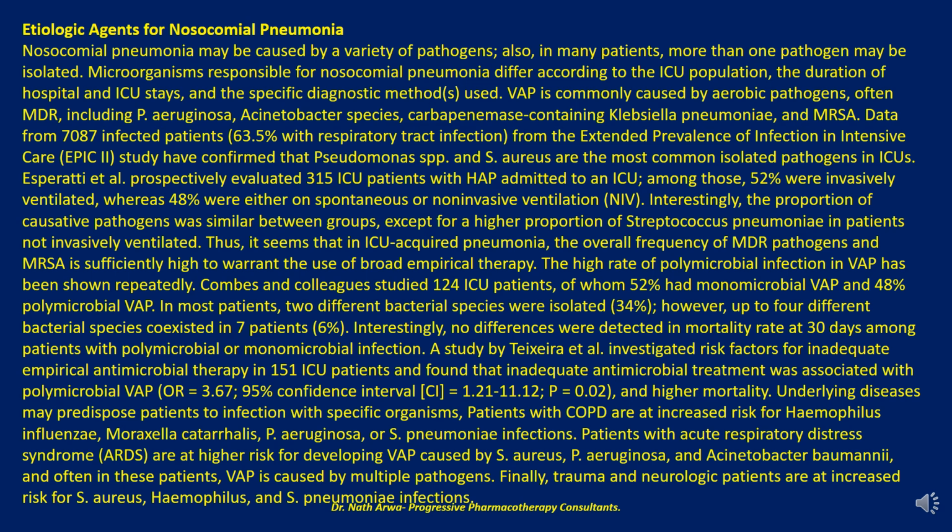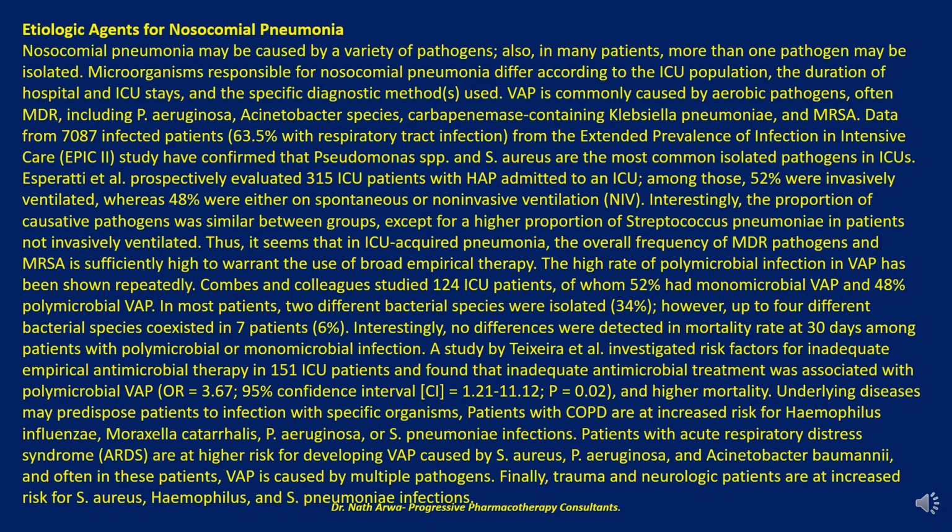Esperatti and colleagues prospectively evaluated 315 ICU patients with HAP admitted to an ICU. Among those, 52% were invasively ventilated, whereas 48% were either on spontaneous or non-invasive ventilation, abbreviated as NIV.